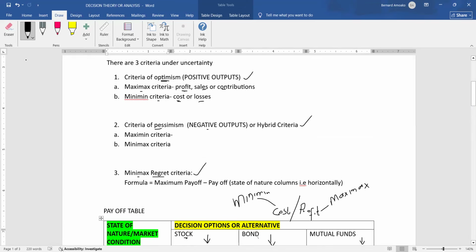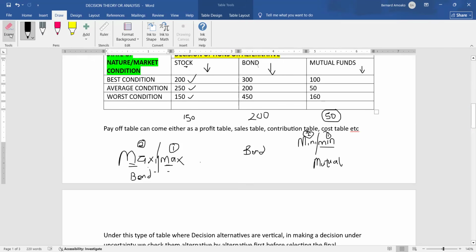Okay. Now, this same table can represent a pessimism table. So assuming it's a pessimism table, and they ask us to look out for maximum. What does maximum mean? It means that you need to first look for the minimum values. Out of the minimum values, we select the maximum figure.